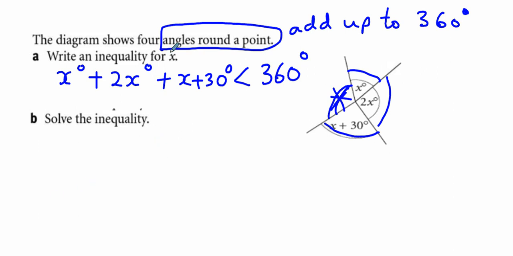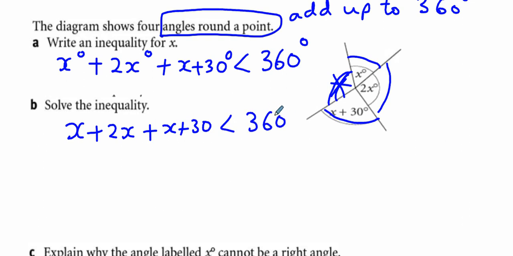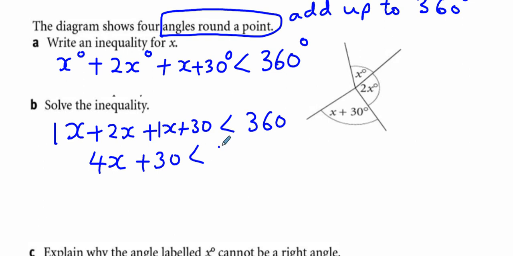Solve the inequality. We take x plus 2x plus x plus 30. It should be less than 360, because one angle to complete 360 is not included. Collecting like terms, we have 1x plus 2x plus 1x, that makes 4x plus 30 is less than 360.